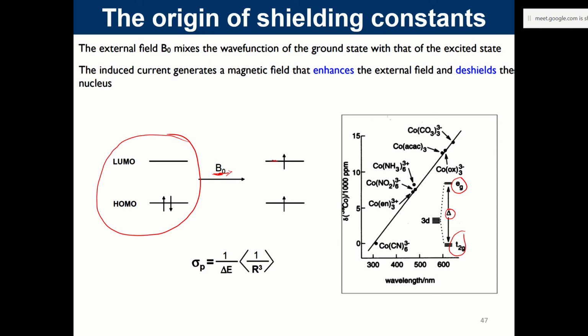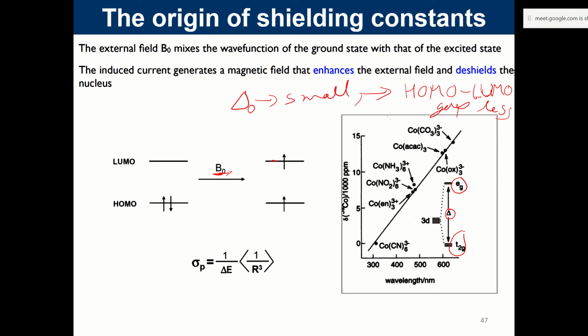This can happen easily if del, the HOMO-LUMO gap, is small, that is, octahedral del not is small, which means the HOMO-LUMO gap is less, and this kind of transition can happen on application of a magnetic field.